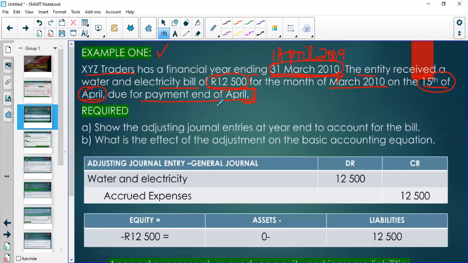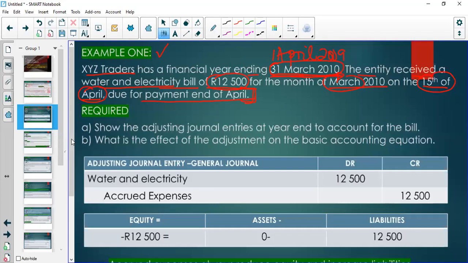We enjoyed the water and the electricity in March 2010, which falls within our current financial year. Whether we paid it or not, as long as we enjoyed the benefit in the current month, we incurred the expense in March. So now we have to include this as part of the expenses.